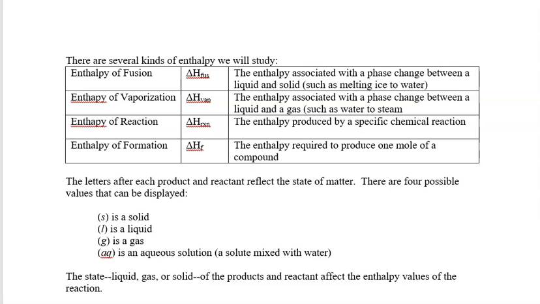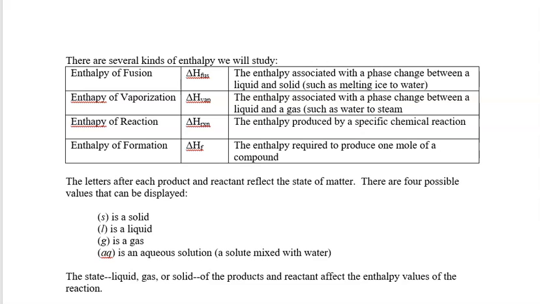The state, liquid, gas, or solid of the products and reactants affect the enthalpy values of the reaction. So for example, if you want to turn something into gas vapor, into steam, if you want to produce water that's turned into vapor, water vapor, gas, not as much energy will come out of that reaction because the vapor has higher energy than liquid water.